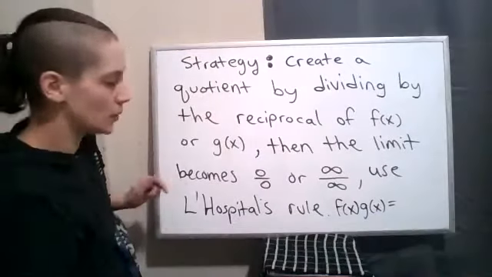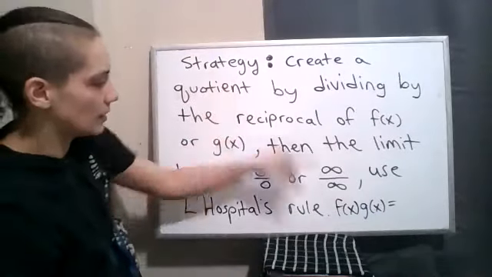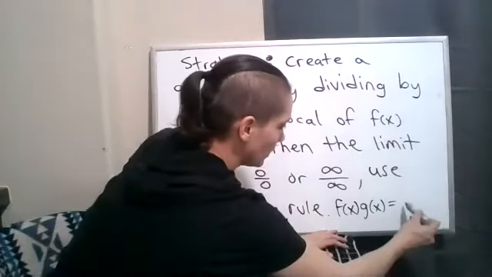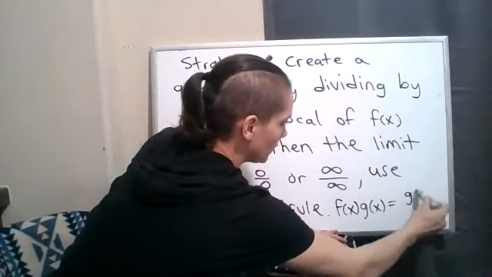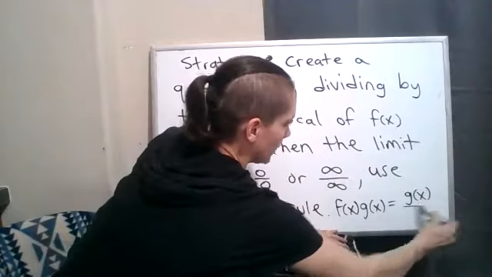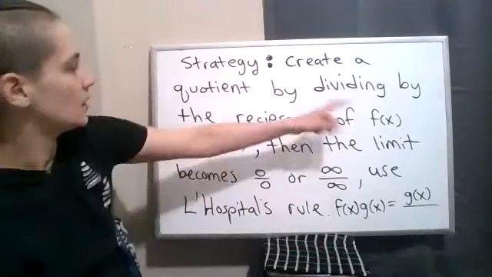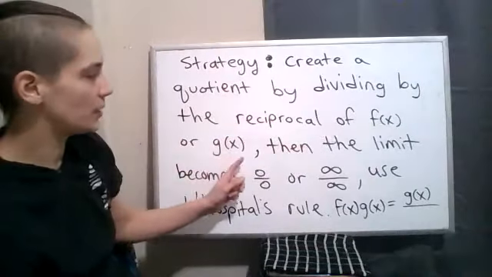We could take the first function, write g of x, and divide by the reciprocal of the other function.